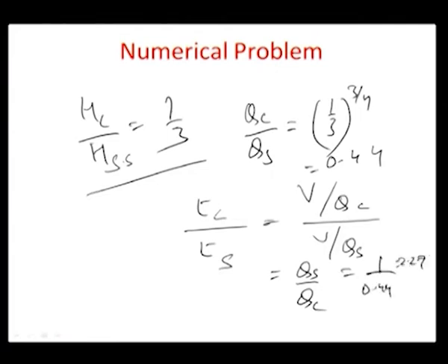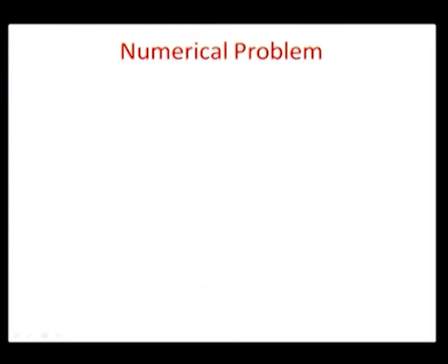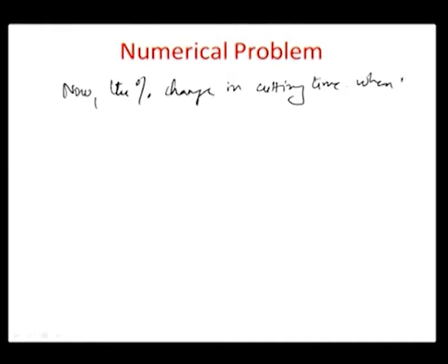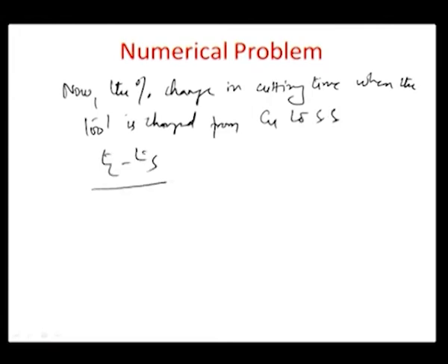So, you can say that the total time of machining is changed by a certain percentage. So, that percentage change in cutting time when the tool is changed from copper to stainless steel is (Tc minus Ts) by Tc, multiplied by 100.